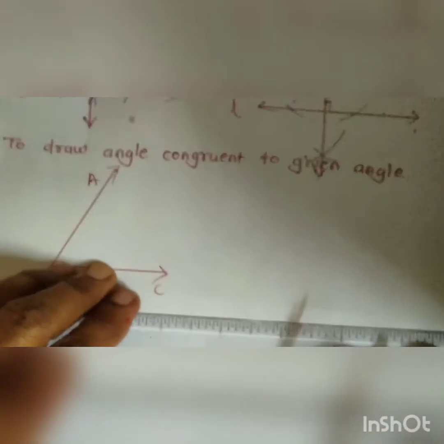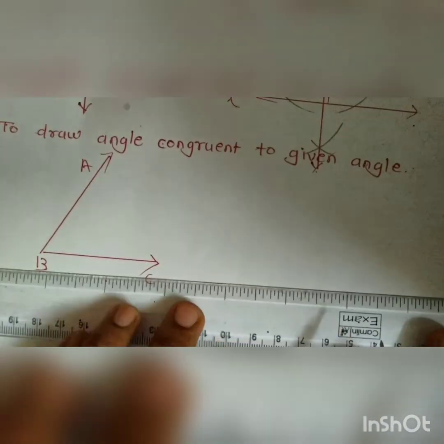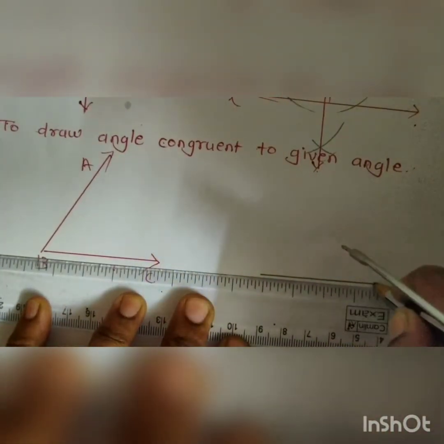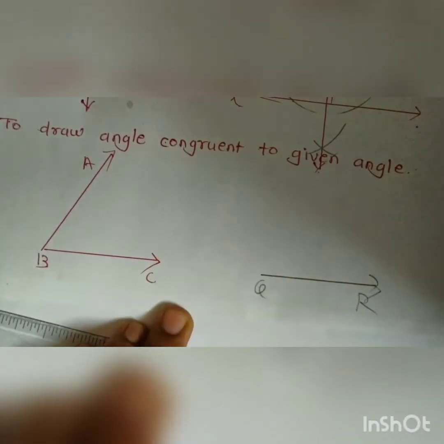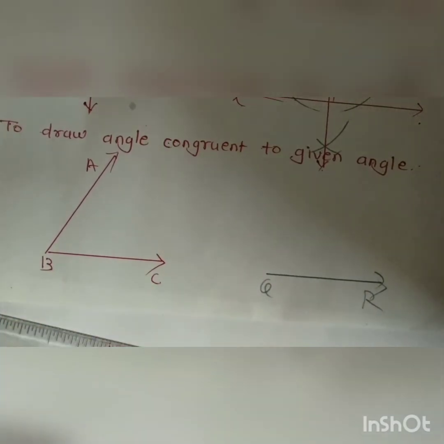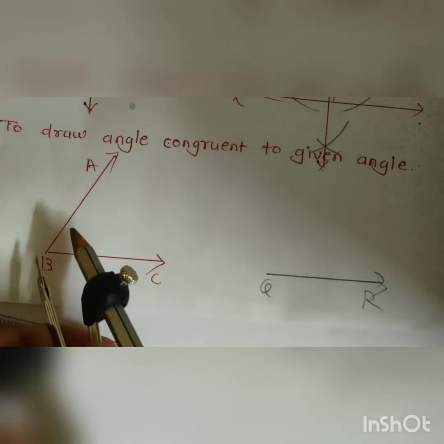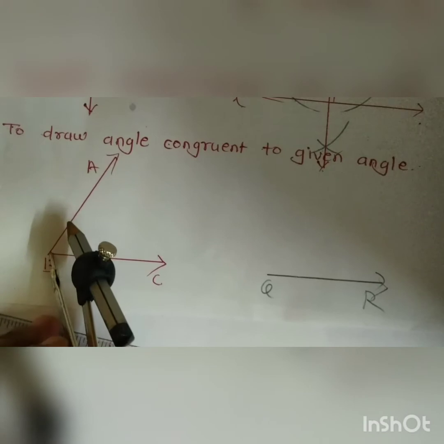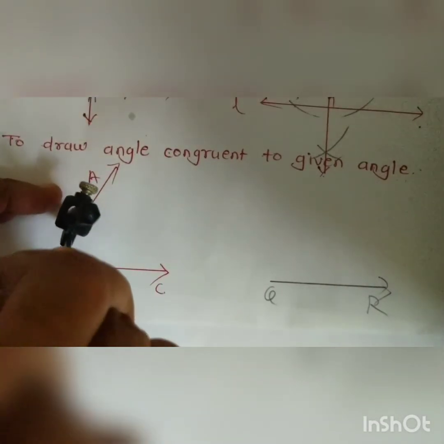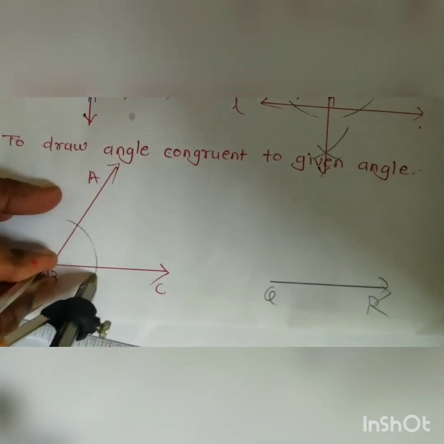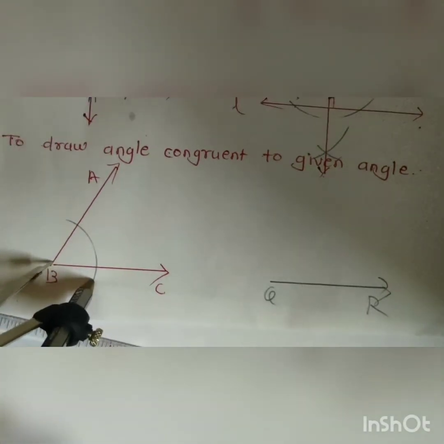Draw a ray like BC. Suppose this is the ray, that ray is QR. Here Q will be the vertex of our constructed angle. Now taking the compass, and the given angle vertex is B, put the compass on B and mark an arc intersecting both sides of the angle, like this way.